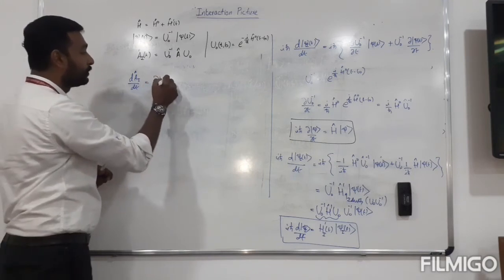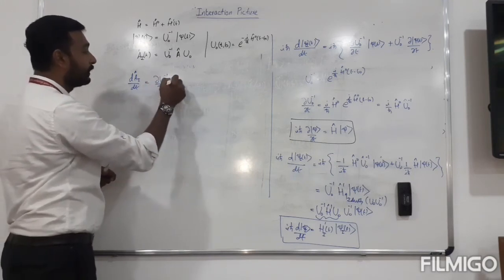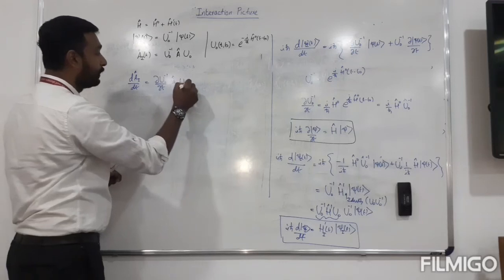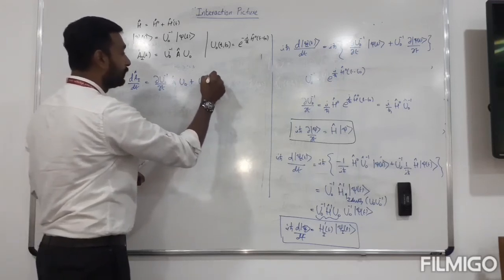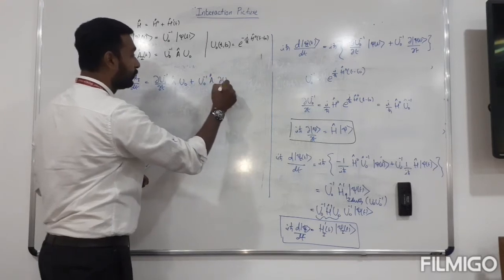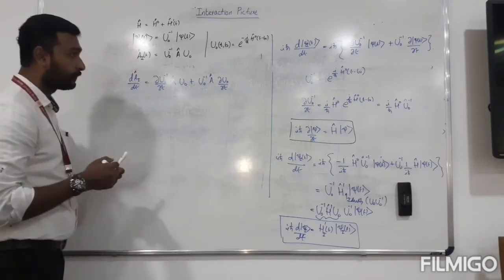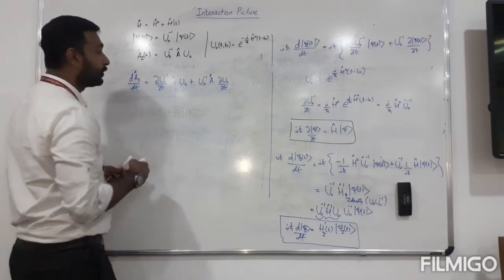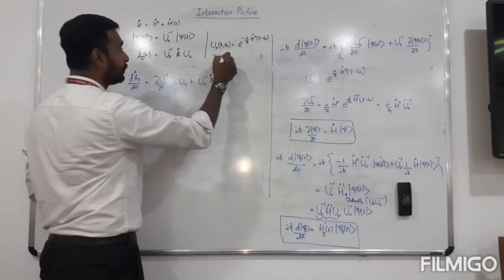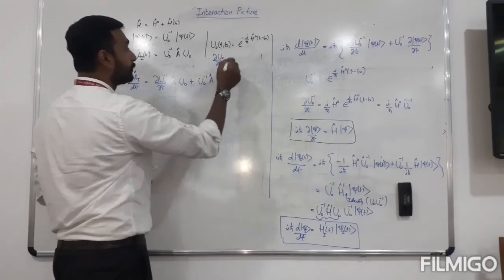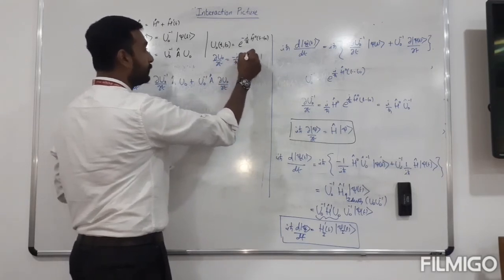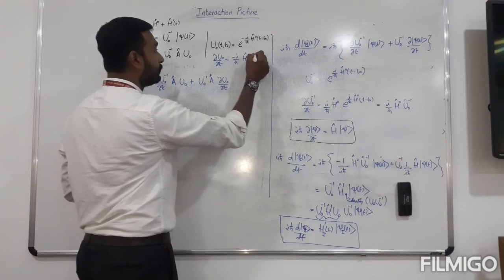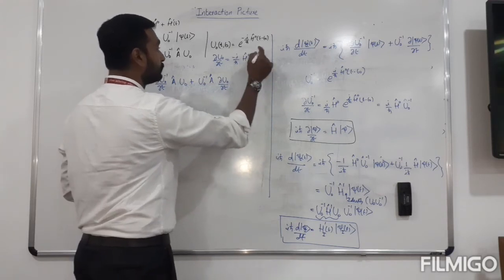So ∂U0 inverse/∂t A U0 plus U0 inverse A ∂U0/∂t. Okay, and ∂U0/∂t is already known to us. That would be equal to minus i/ħ H0 U0.